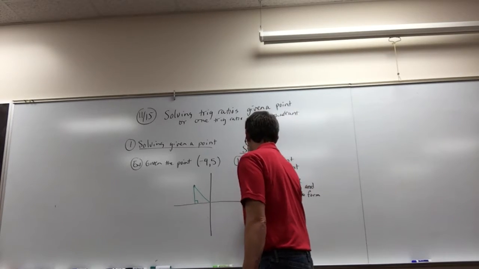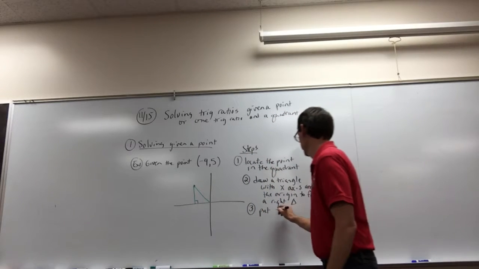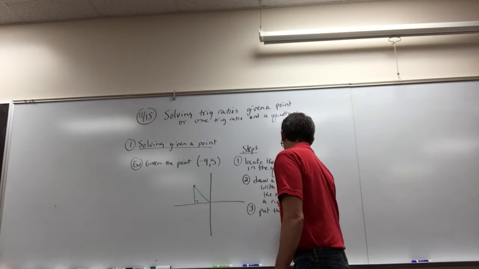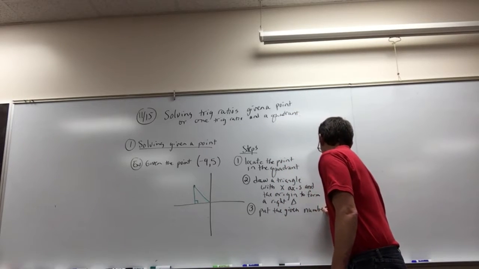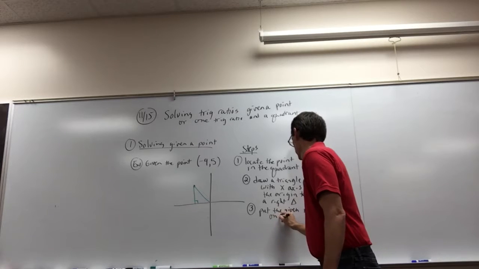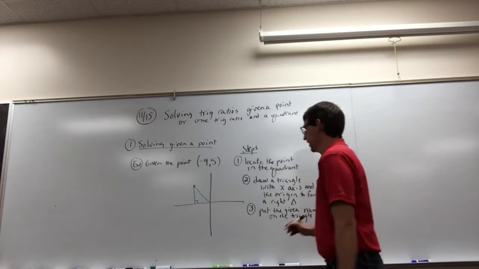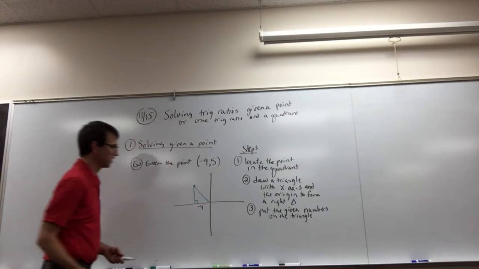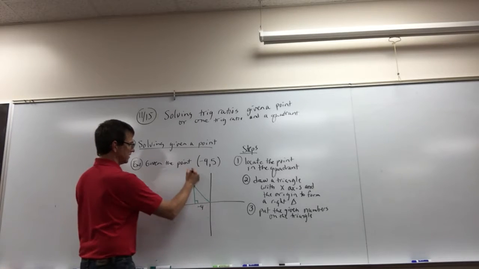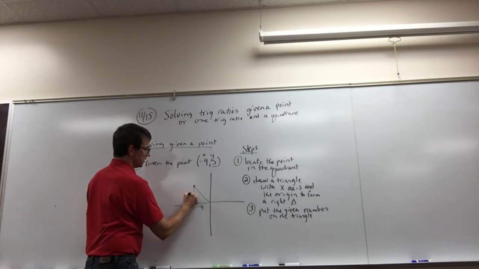So step 3 is you're going to put the numbers that you were given on the triangle. Now the x number is the base of the triangle, so the -4 goes there. The height is your y number, and it goes here.